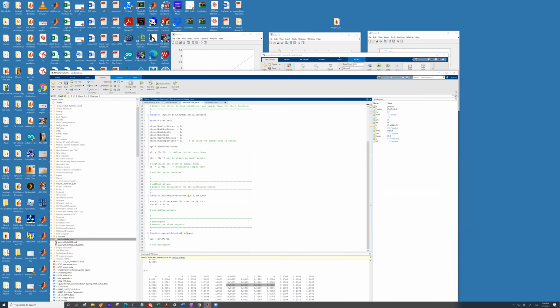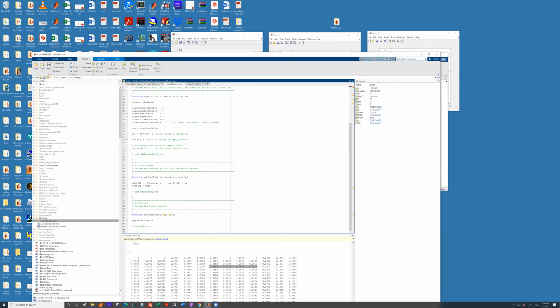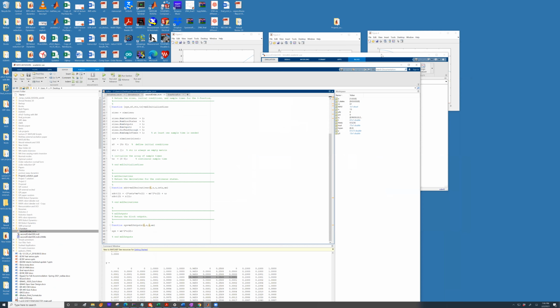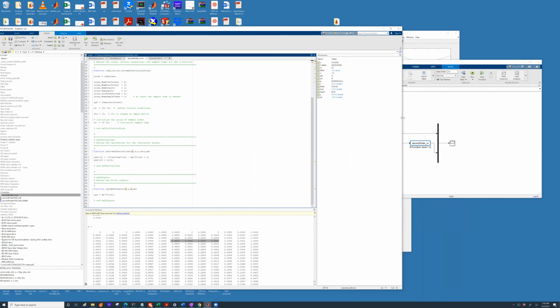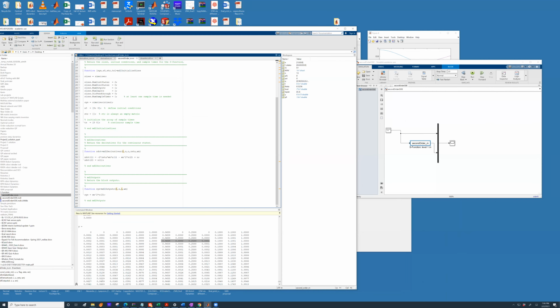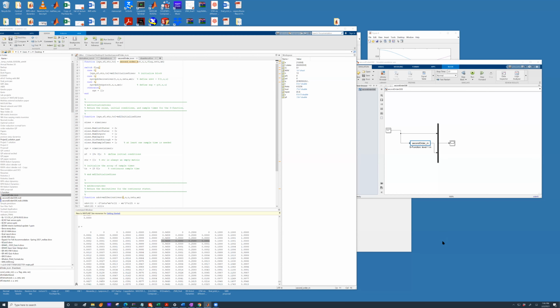Now you should have two files in front of you: one is the Simulink block, and the other one is the Matlab code. I just want to make sure everyone has this. Okay, everyone has the Simulink file and the Matlab file.